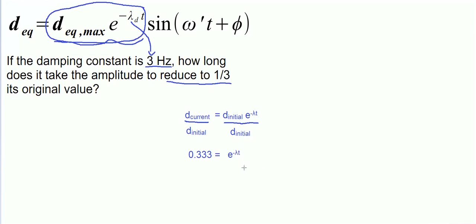To do so, we need to get rid of everything that accompanies t on the right-hand side. Now, this e here is actually the exponential function. On most calculators, this is written as an exponential function, using the exp button on some calculators.